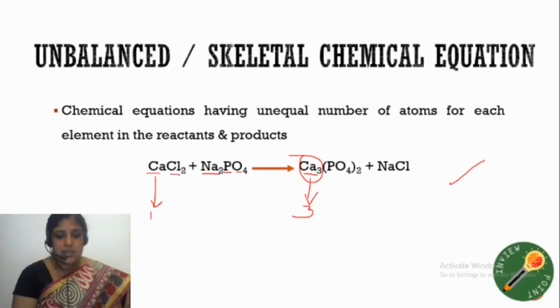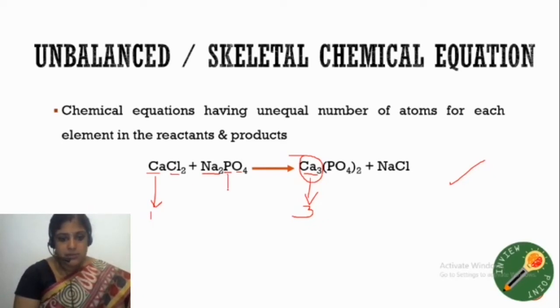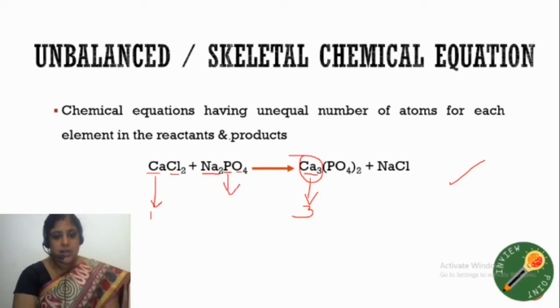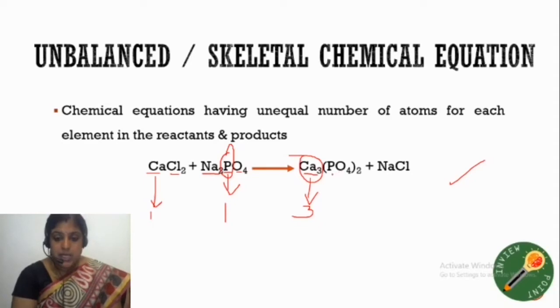See, let's check it for another element. Take phosphorus. See here it is Na2PO4. So the number of phosphorus atoms in the reactant side is 1. Here in the product side it is PO4 twice, right?